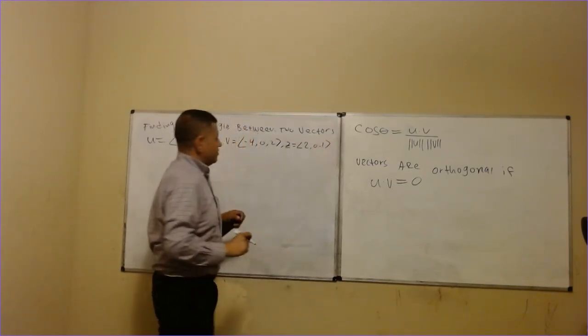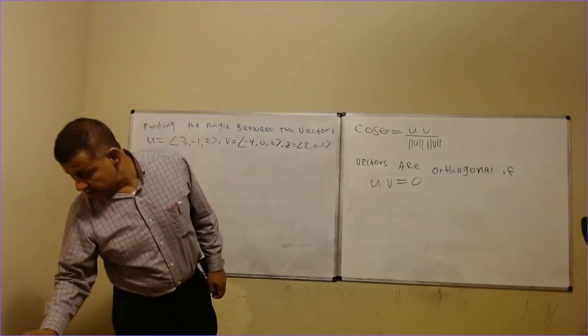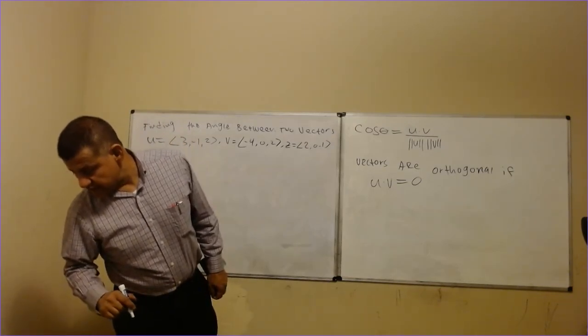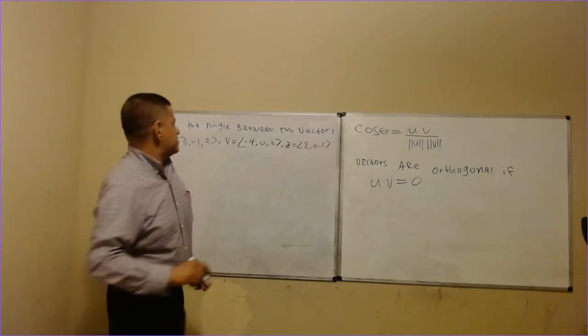Right? Now, I think they have another one. No, that's it. It says, find the angle between each pair of vectors, right?